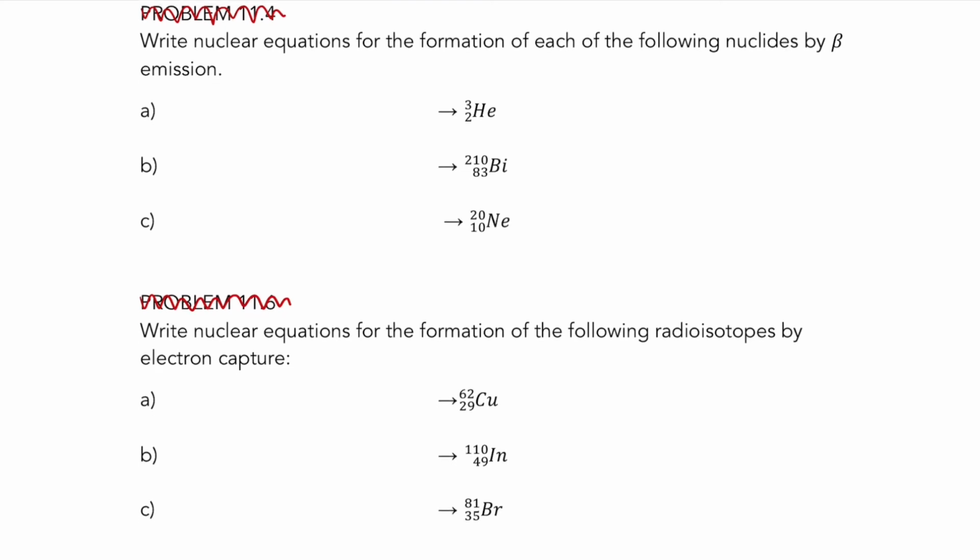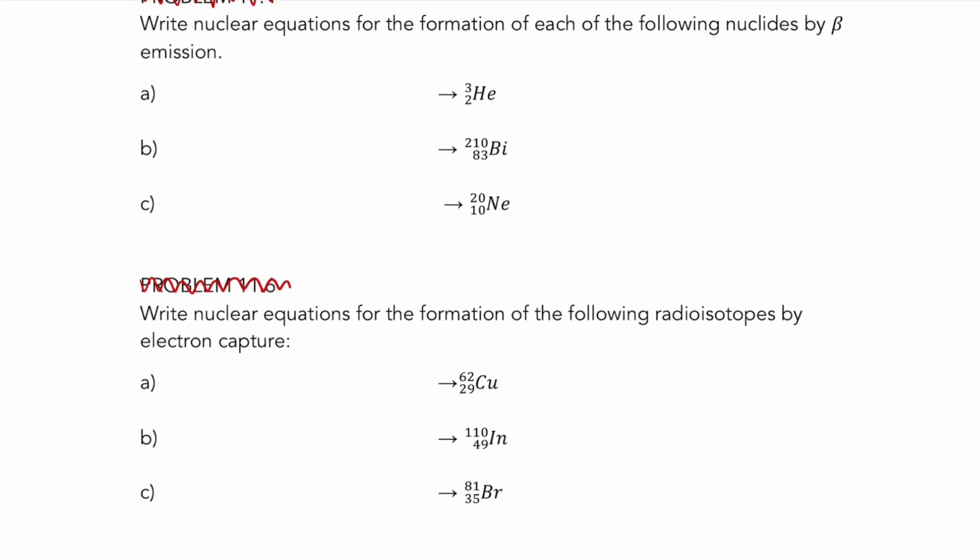Okay, so we've got a couple more questions for this video, just trying to get in as much practice as we can. Write the nuclear equations for the formation of each of the following nuclides by beta emission. So we're forming these, so I put them on that side of the arrow because that's what the product is, and it's formed by beta emission.